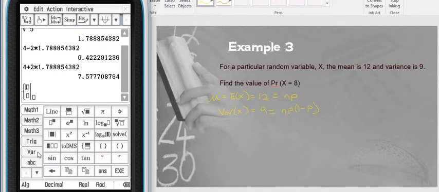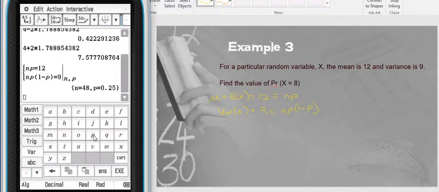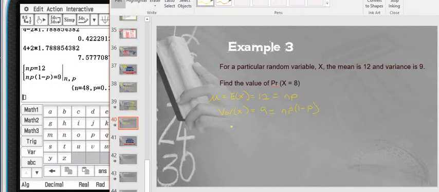I'm going to come here into our variable menu, so we're going to have np equals 12, and then down here we're going to have np(1 minus p) equals 9, and we're wanting to solve this for n comma p. And we get an answer of n is 48, and our p-value, which has just disappeared off the side there, was 0.25.